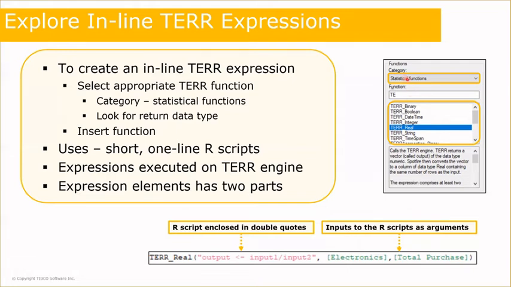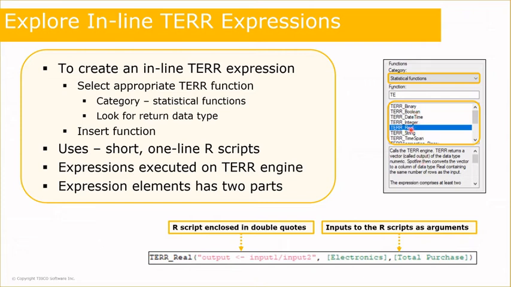These are all categorized under statistical function categories. You can go and find the function for all these inline TERR expressions. That is TERR binary, TERR boolean, TERR date and time, TERR integer, TERR real, like that.